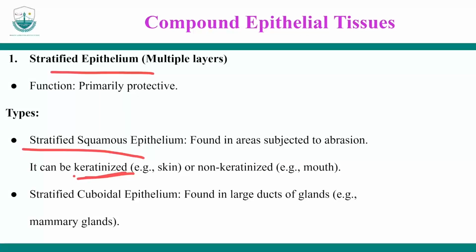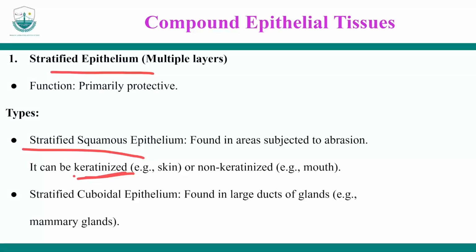So when we talk about compound epithelium, we're talking about epithelium that is mainly providing protection. Stratified squamous is what we have just looked at. Then we have stratified cuboidal. That means there are several layers, but the cells have the shape of a cuboid.